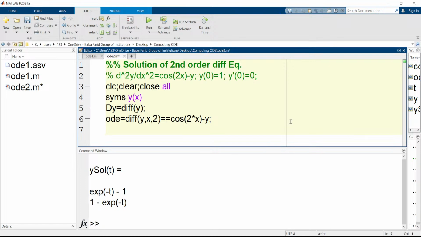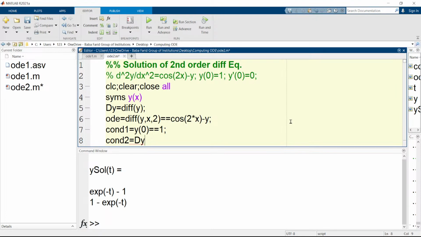And then we have the two conditions. So condition one is equal to, we have y0 is equal to 1. Okay, and then the condition number 2, condition 2 is we have dy.